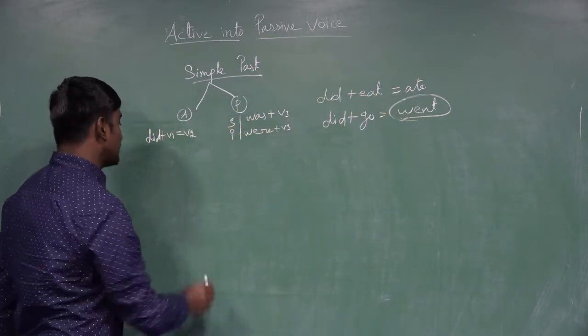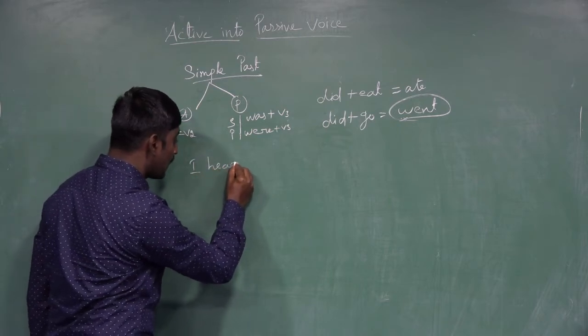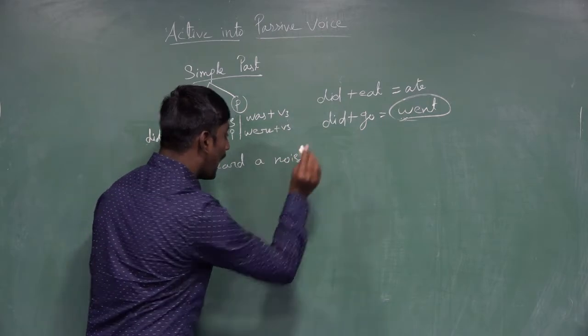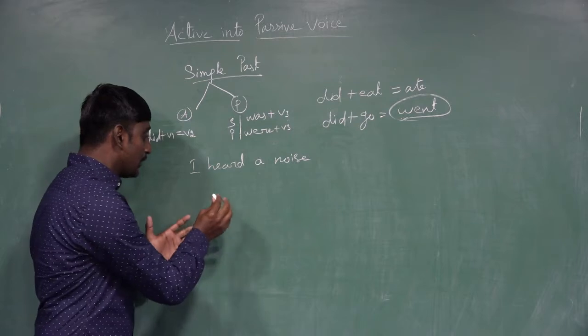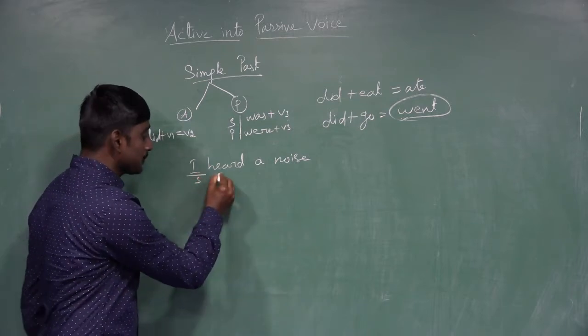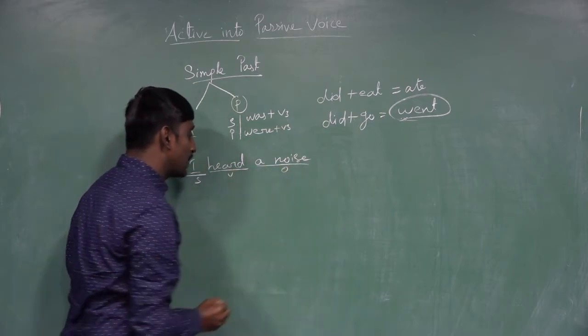So I give you some examples. I heard a noise. First of all, you divide the sentence into patterns. I is a subject, heard is a verb, and noise is an object.